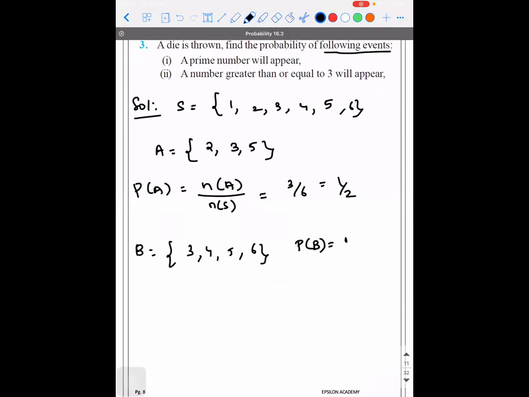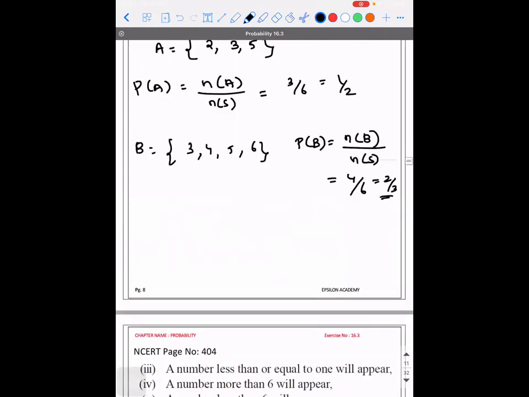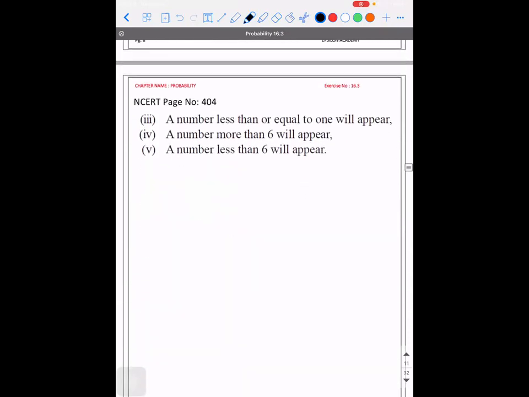So probability of B is number of elements in B by n of S. That is 4 out of 6, 2 by 3. Correct? Next. A number less than or equal to 1 will appear. It is only 1. So probability of C is 1 out of 6.